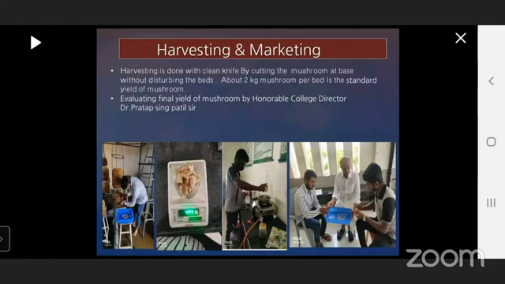In the local market we can sell, and if our business grows, we can sell in big cities like Pune, Mumbai, Delhi, etc. We can also use export agencies for the export of mushroom from our country to other countries.